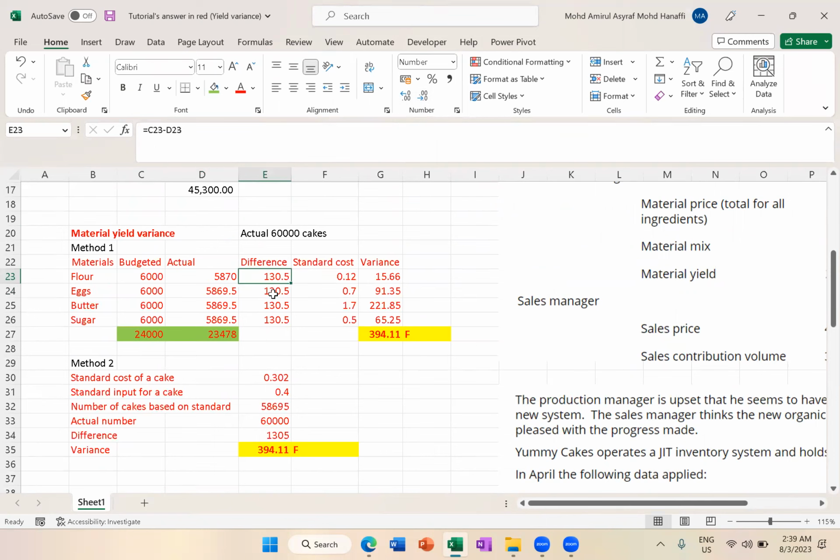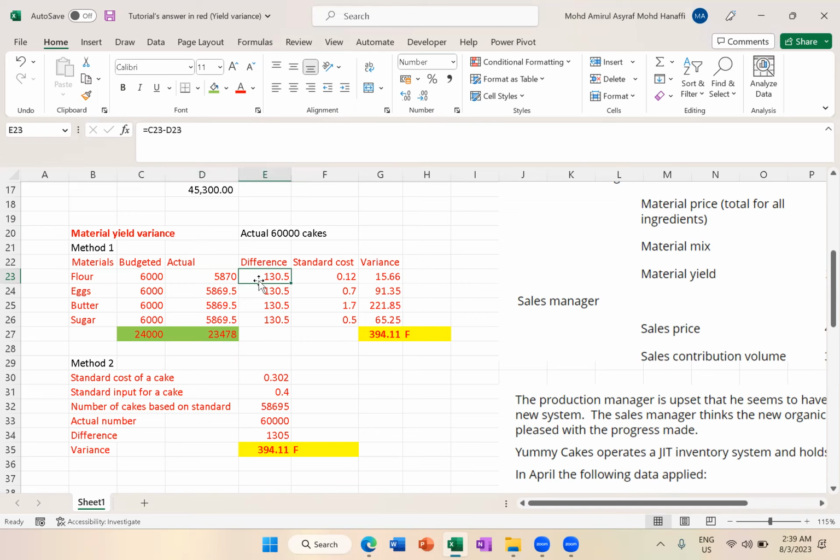If I do it manually, if I double click and minus, 5870 actually, Excel, although it doesn't show 5869.5, reads it as 5869.5. We rounded it earlier, but Excel takes the full number. So when I click enter, you get 130.5. If you want to make it manually 5870 and this one manually 130, perfectly fine, no problem.